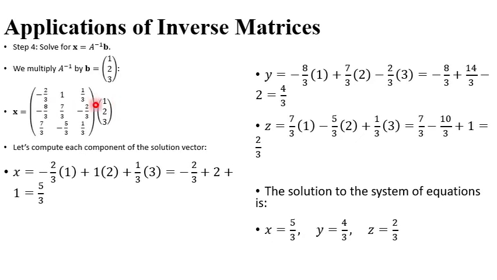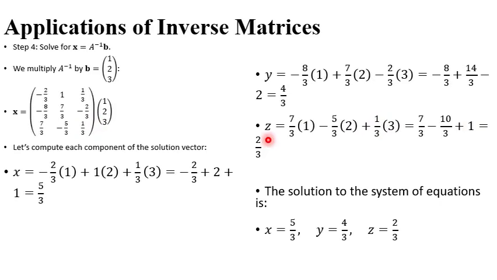This by this, you multiply this 1 by minus 8 all over 3, 2 multiplied by 7 all over 3, and 3 multiplied by minus 2 all over 3. That gives you the solution to y. And this is it. Now, for z, you multiply 7 all over 3 by 1, minus 5 all over 3 by 2, and 1 all over 3 by 3.